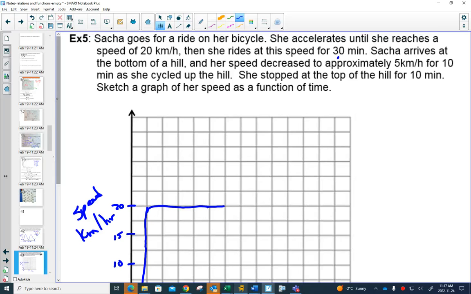So I'm trying to imagine this. She is starting here, she's going down a hill, reaches the bottom, and then goes back up a hill, and stops at the top of it. So this is the hill. This might make sense. Yeah, but why would she do this? She arrives at the bottom of the hill and her speed decreases to approximately 5 kilometers an hour.